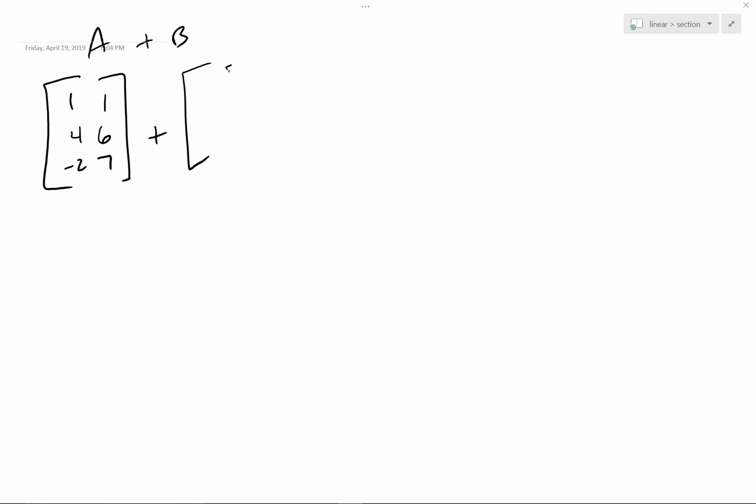As I'm sure you are well aware, you need to have the same size dimensions to add matrices. So if I were to add these two guys together, A plus B, and if somebody asks you someday why is that, well, think about it.